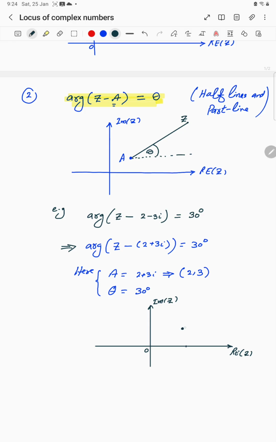Suppose the point A is lying here at 2 comma 3, and z can be anywhere on this line. The other line is parallel to the real axis, and the angle theta must be 30 degrees, right?